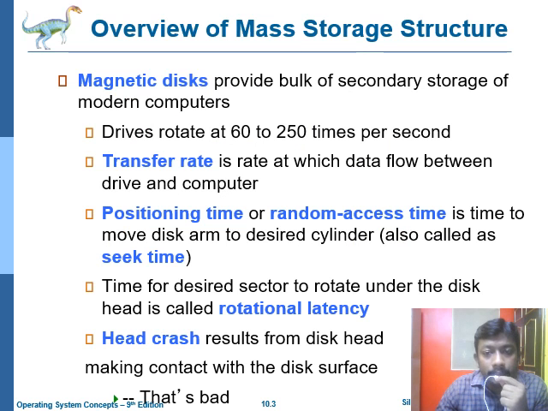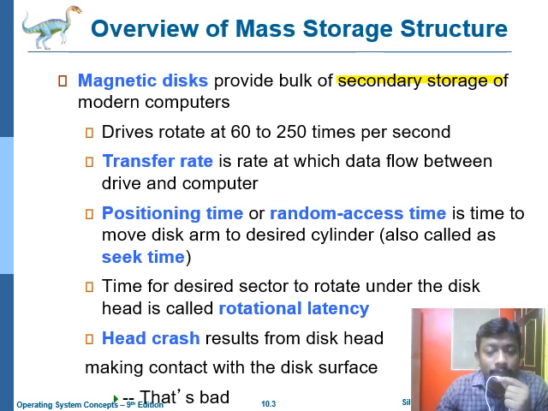So we have studied the basic components of the magnetic disk. We are now going to see the overview of mass storage structure. A magnetic disk provides the bulk secondary storage of modern computers nowadays.